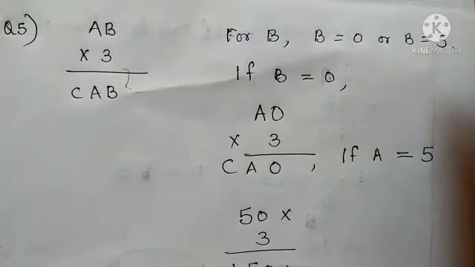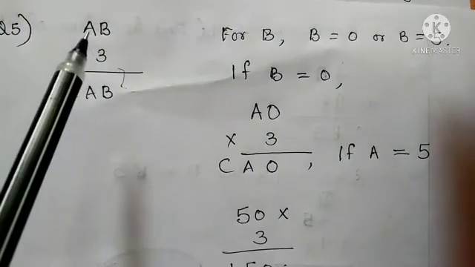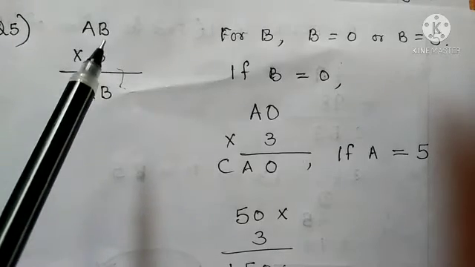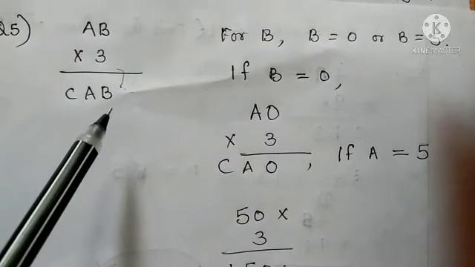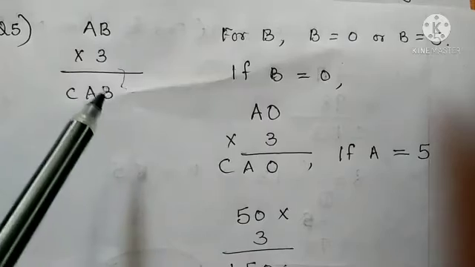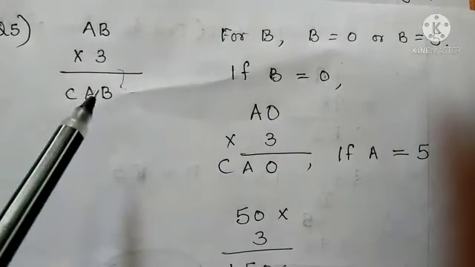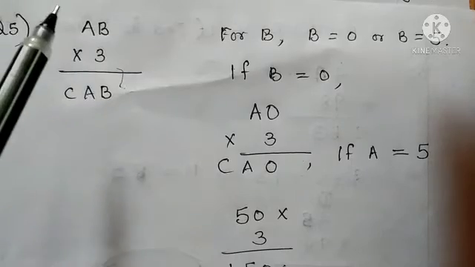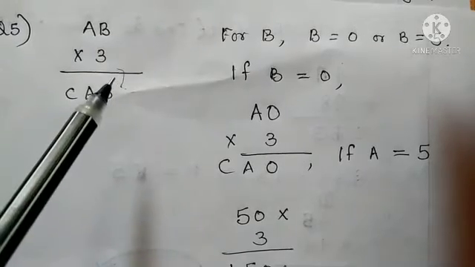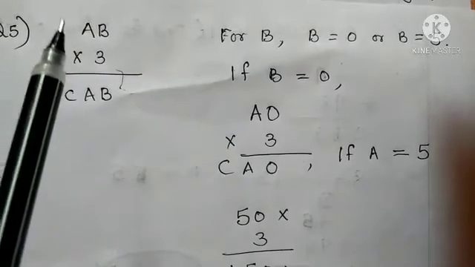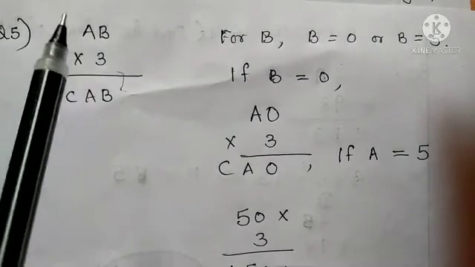Understood? Next question, AB into 3 equal to CAB. If B equal to 0, 0 into 3, 0. That's correct. Then if B equal to 5, 5 into 3, 15, then remaining 1, then A into 3 plus 1 will get CA. So we can check A equal to 5.